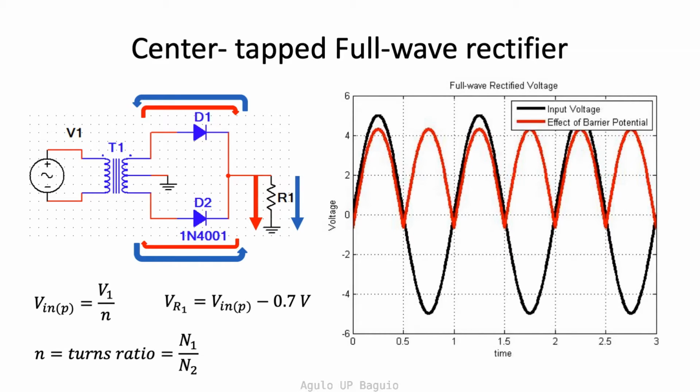The result is the red curve in the second cycle as shown in the graph. Thus, regardless of the direction of the input current, the voltage across R1 is always positive. The difference between the input voltage, black curve, and the voltage across R1, red curve, is plus 0.7 volts, which is just the diode voltage.